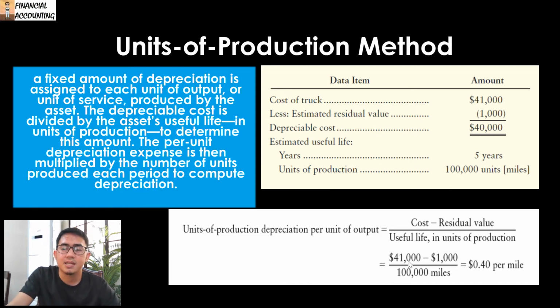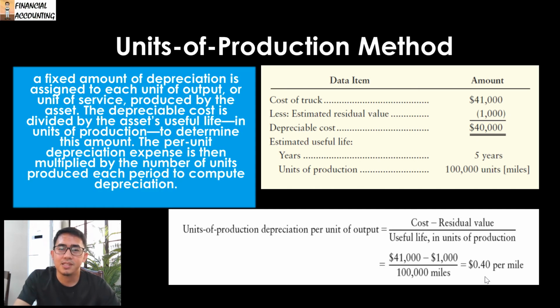So in this case, our figures would be 41,000 minus 1,000, so that's 40,000 over 100,000 miles. So the resulting figure is 40 cents per mile, or $0.4 per mile. This means that every mile traveled by the truck, you should assign depreciation of $0.40.